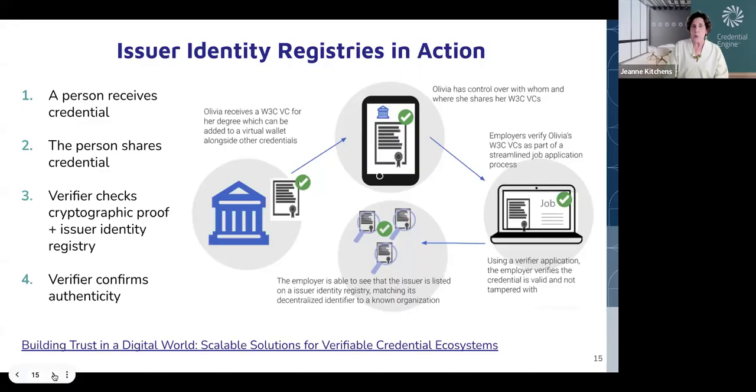She shares it with an employer as part of a job application process, and that employer, using a verifier application, can also check an issuer identity registry to confirm that that issuer's identity is verifiable. So altogether, what this is doing is providing cryptographic proof plus the issuer identity registry to confirm authenticity. So that issuer identity registry is kind of this last leg, so to speak, of this triangulation of trust. We can go ahead.